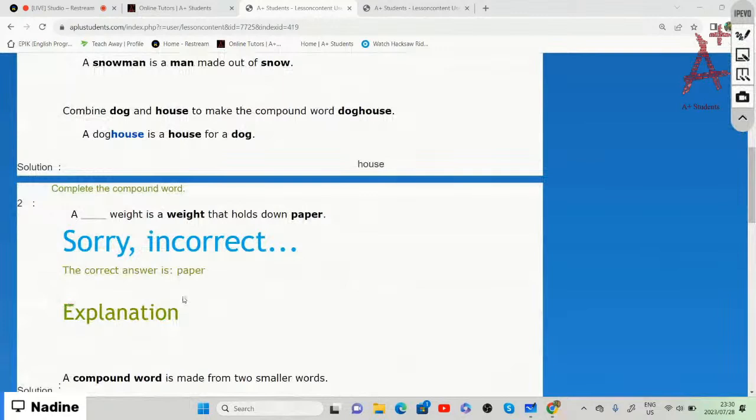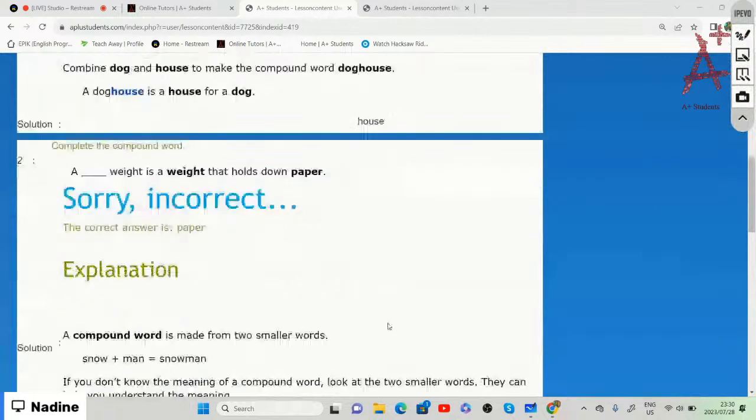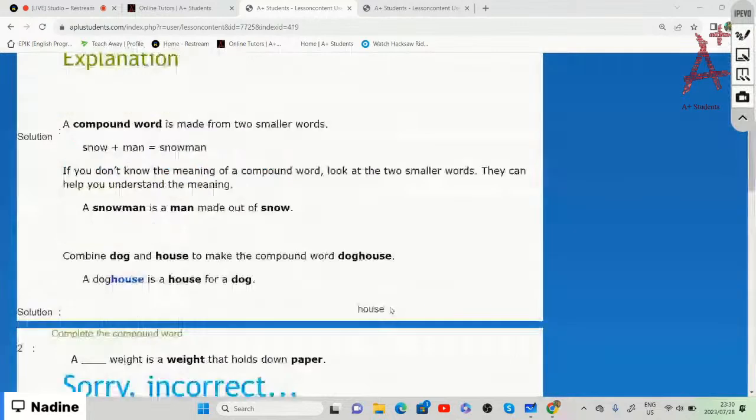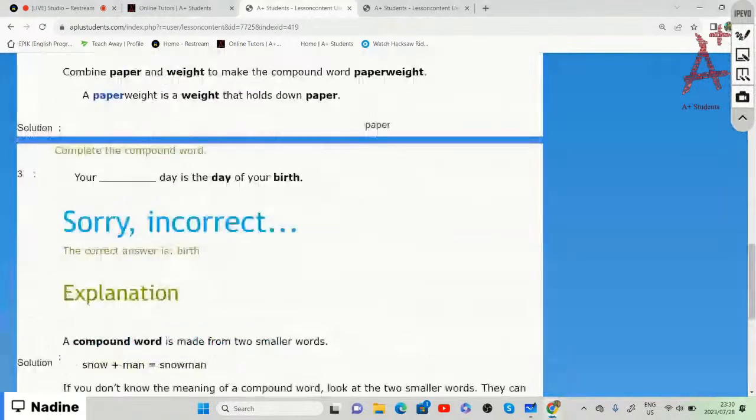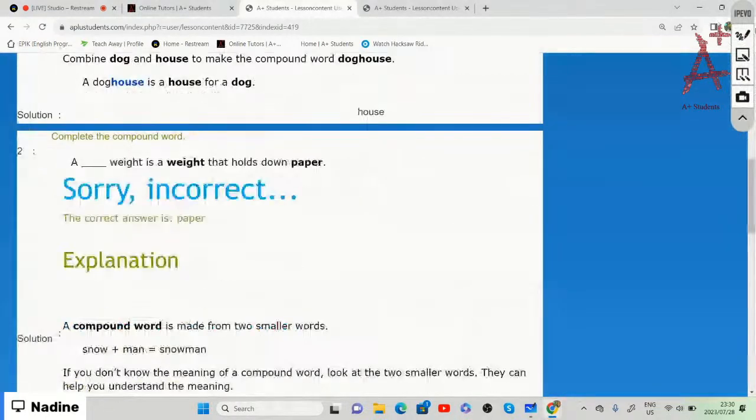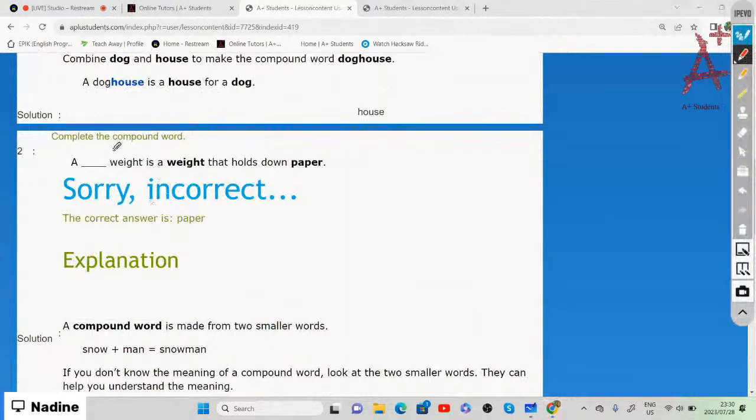A what weight is a weight that holds the paper down? A weight that holds down paper, which means that seeing that weight is already given, we can just say paper.